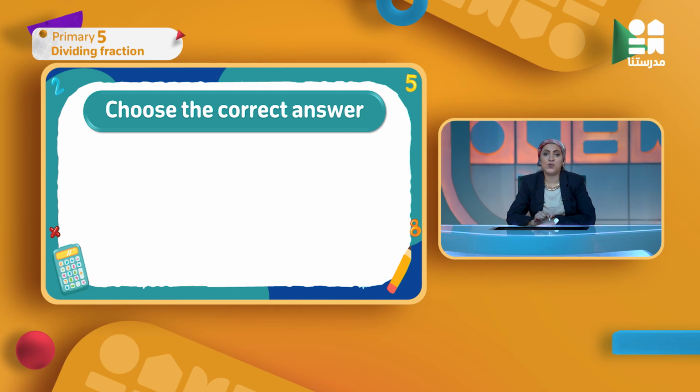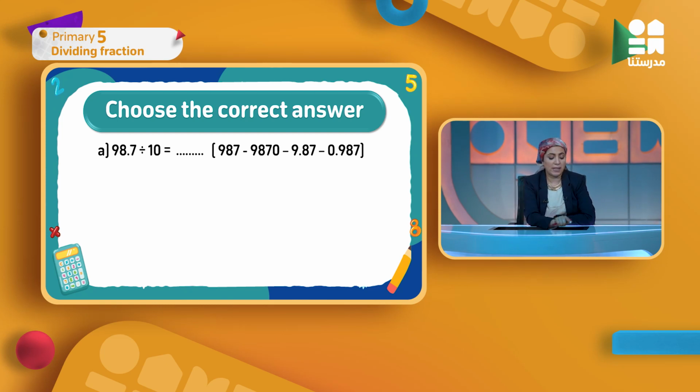Now, let's choose the correct answer from among the brackets. Here I have 987, 9,870, 9.87, 0.987, and I want to choose a number from them.